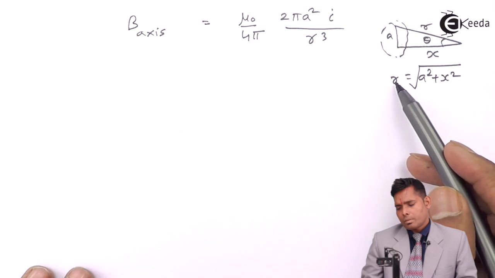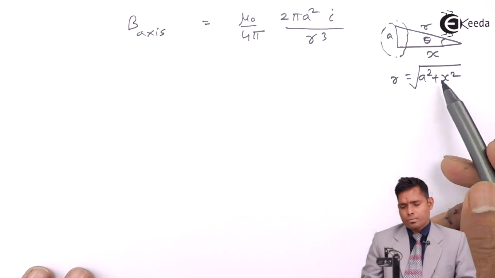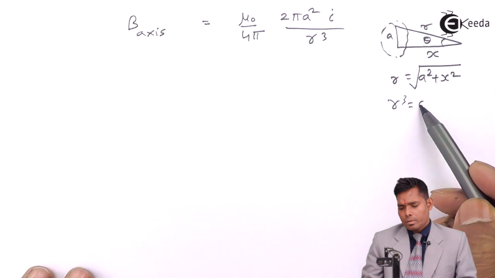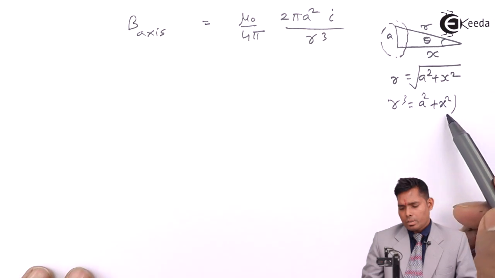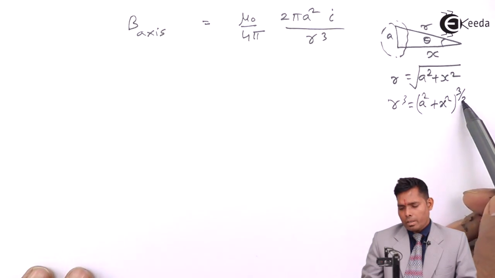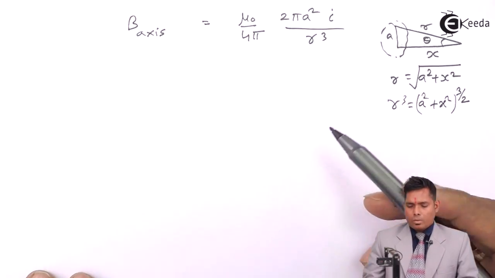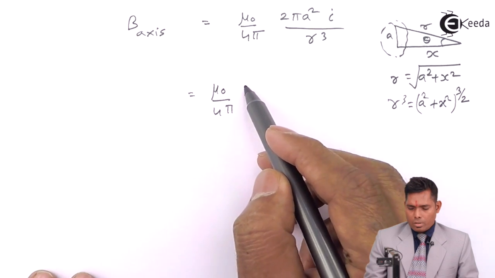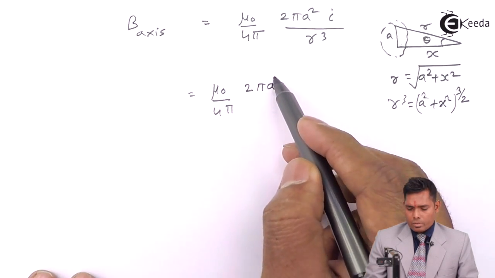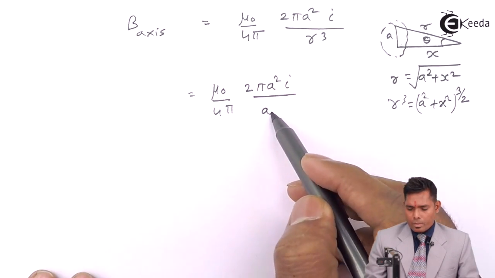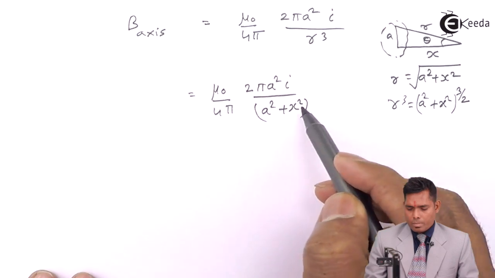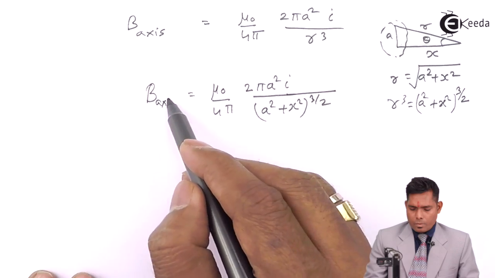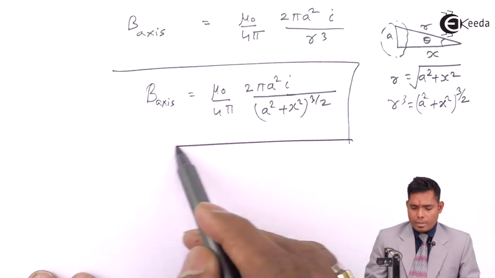If I take the cube on both sides, this will become A square plus X square to the power 3 by 2. So B on the axis is mu 0 upon 4 pi, 2 pi A square I divided by A square plus X square to the power 3 by 2. This is the final expression.